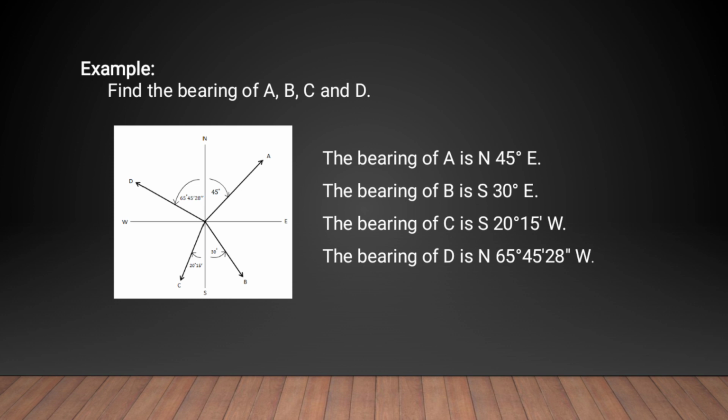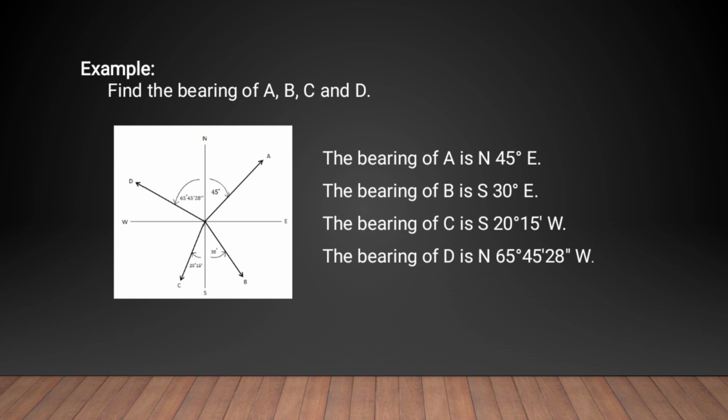So kung makita nato ang diri ang graph, so ang iyang north to east is equal to 45 degrees. So atong bearing, the bearing of A is north 45 degrees to east, which is clockwise siya. Counterclockwise.